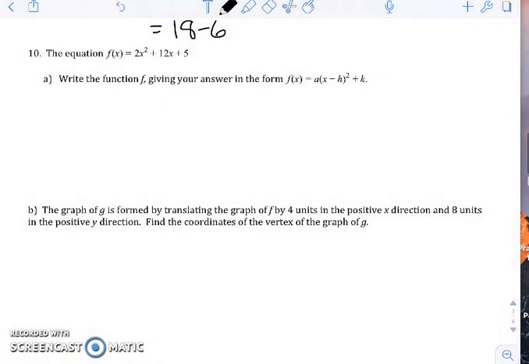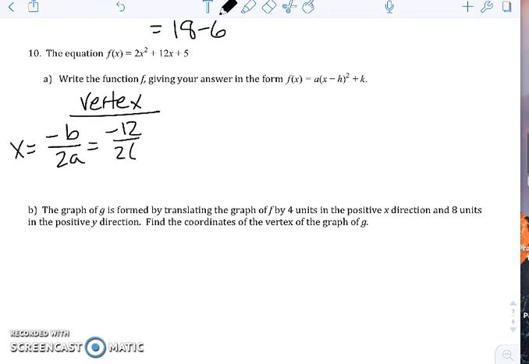So let's see if we can find the vertex here. The opposite of b over 2a. So that's our x-coordinate. So the opposite of b, negative 12 over 2 times 2. So negative 12 over 4 is negative 3.